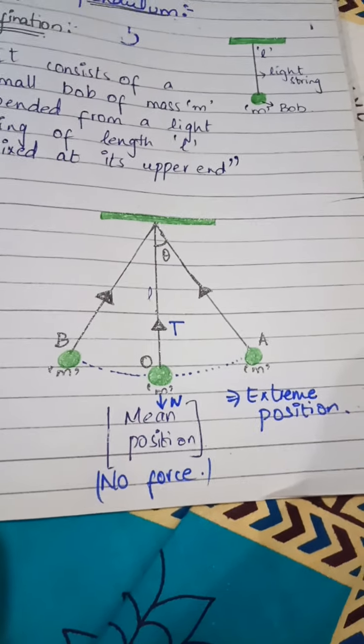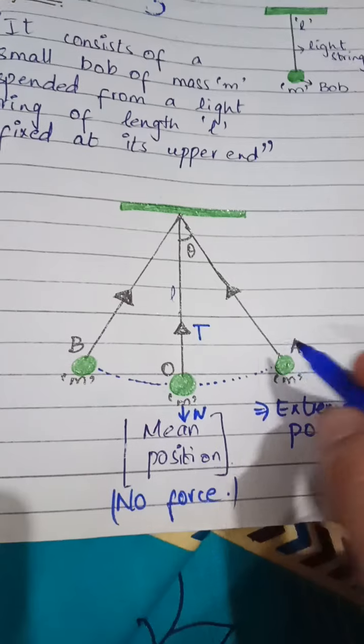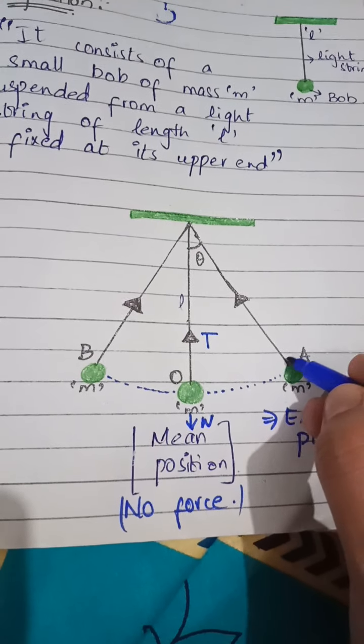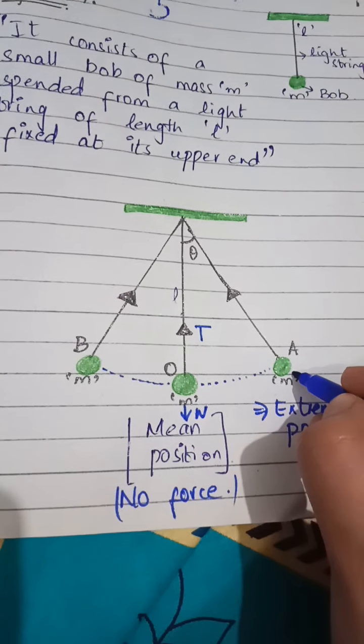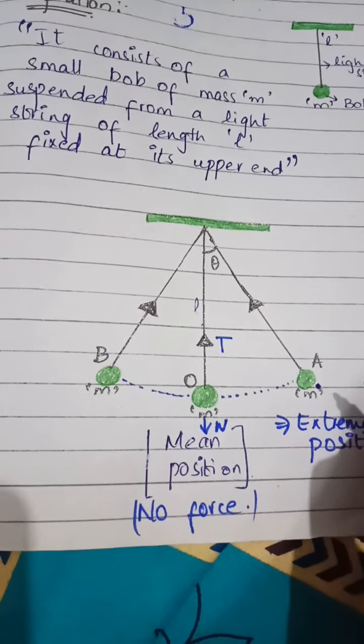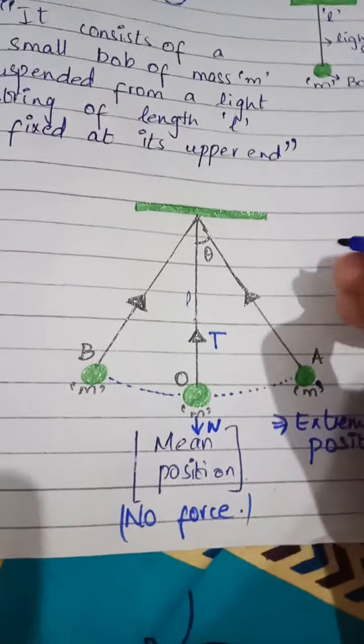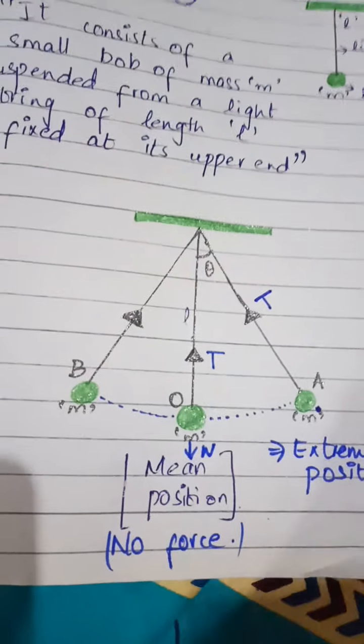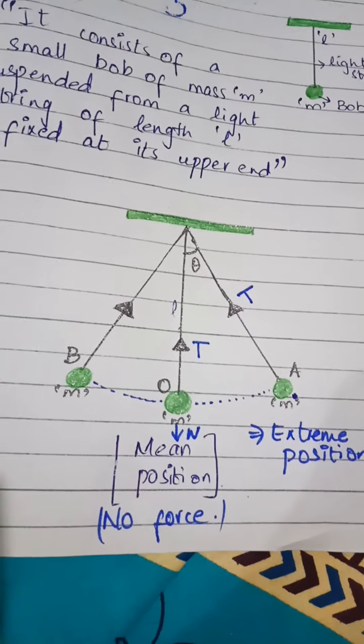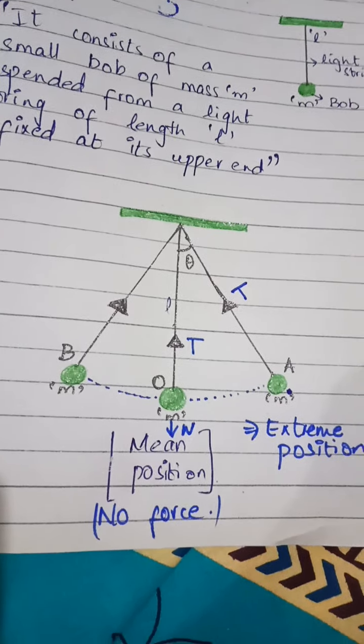Now over here, what will be the restoring force when we have moved the object to this position? Which thing will allow it to move back, to oscillate around its mean position? As we know, the tension is acting in the upward direction. Now let's look at the weight.